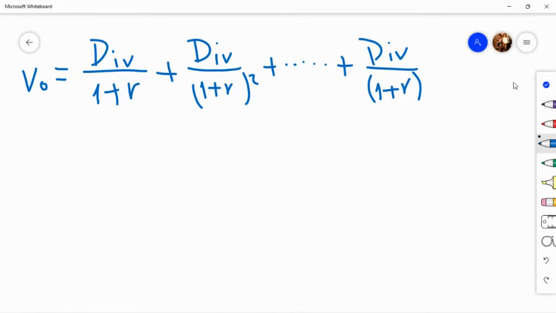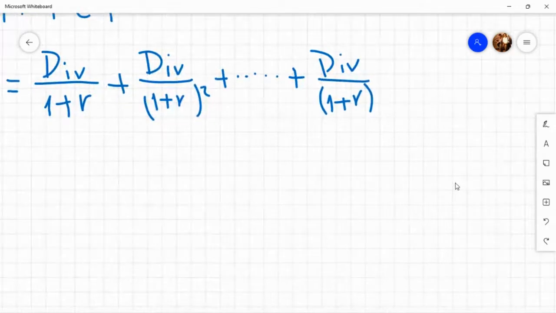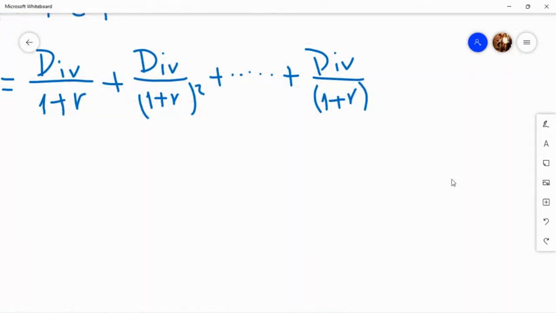In other words, because it's going to infinity, right? We discussed this last time. Stocks go on forever as long as the company doesn't shut down, right? The stock will go on forever. So it keeps going into infinity, right?